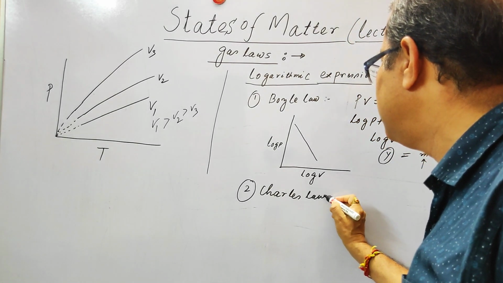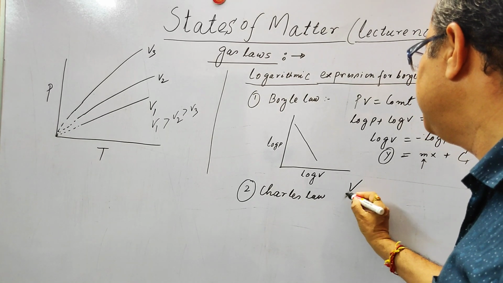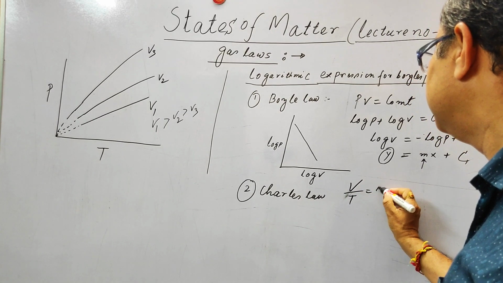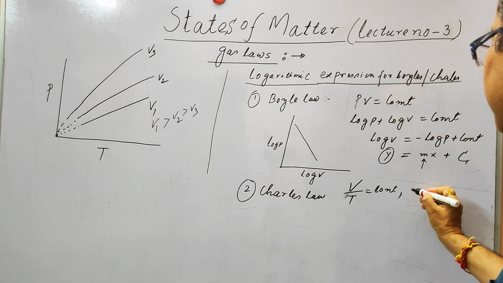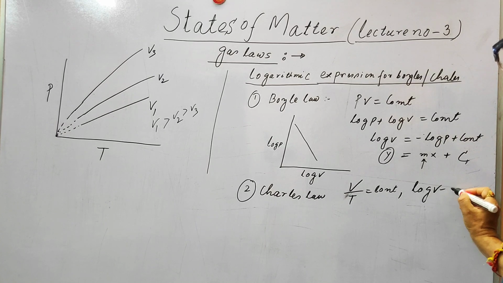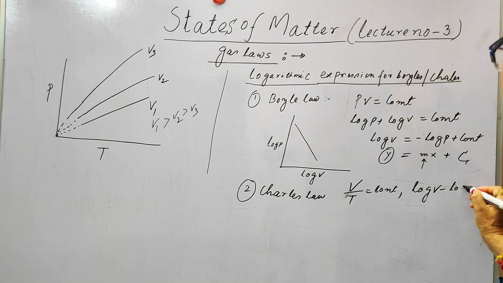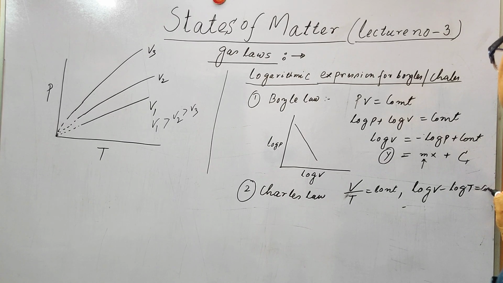Charles' law, what is Charles' law? V by T is equal to constant. So log V minus log T is equal to constant.